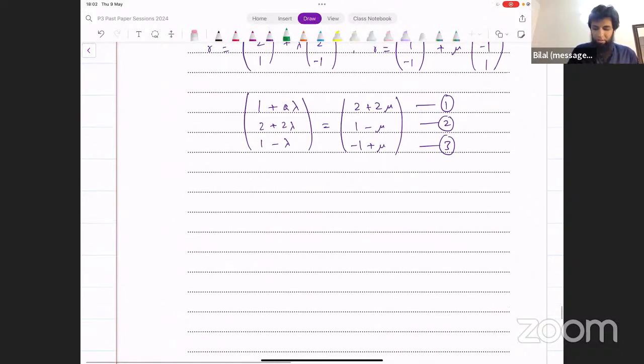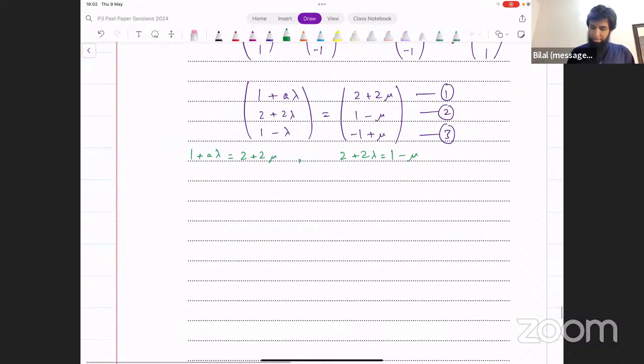Let's do that. 1 plus a lambda equals 2 plus 2 mu. And then 2 plus 2 lambda equals 1 minus mu. Now let's make one of the variables the subject here. I think it's going to be easier if we make mu the subject from the second equation. That will give us mu equal to 1 minus 2, which is minus 1 minus 2 lambda.